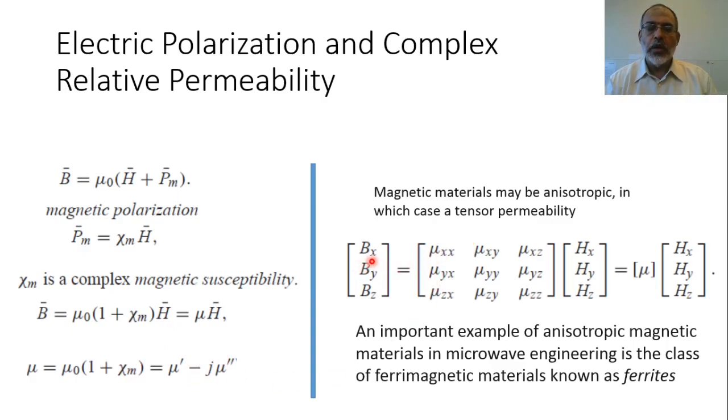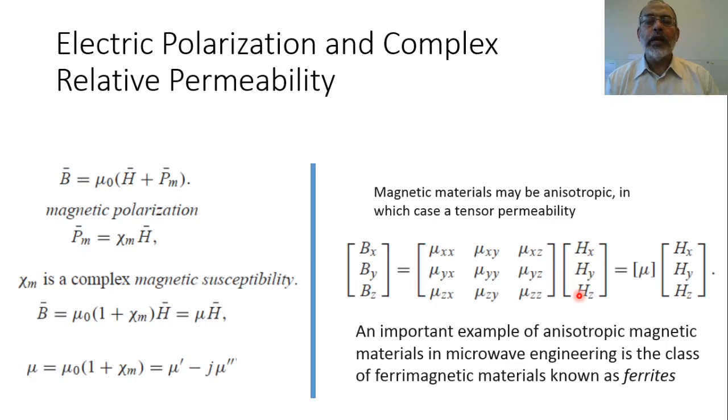This means that the magnetic flux density in x direction equals mu xx multiplied by the magnetic field in x direction plus mu xy multiplied by the magnetic field in y direction plus mu xz multiplied by the magnetic field in z direction.